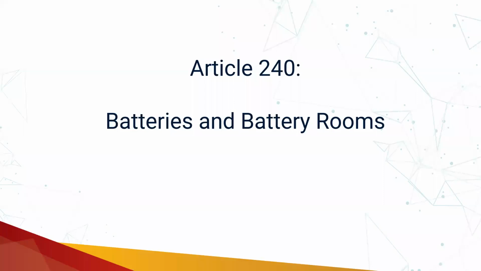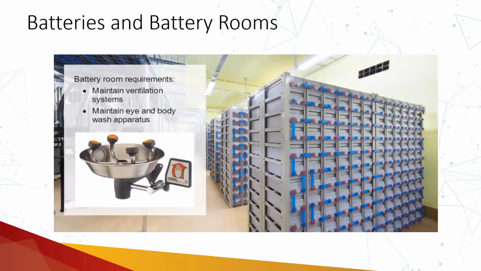240 talks about batteries and battery rooms. Batteries and battery rooms need to have a proper ventilation system, and they need to have eye wash and body wash apparatus there. So in case of any splashes, the eye and body wash apparatus is there and the employee can use it. Why is the ventilation system important?